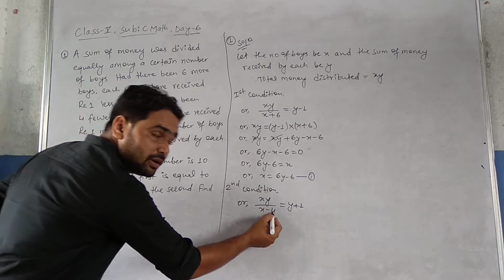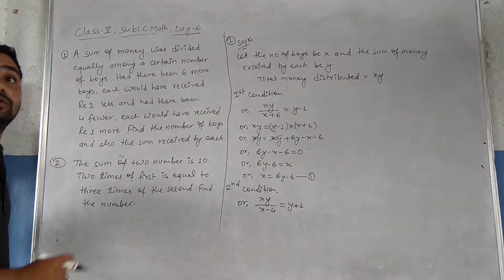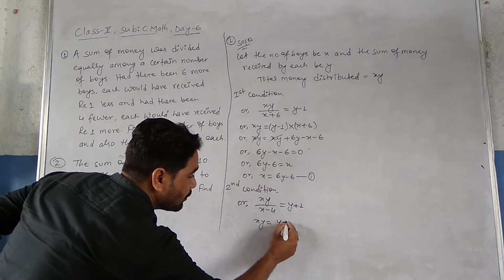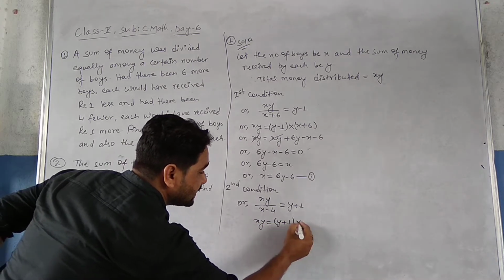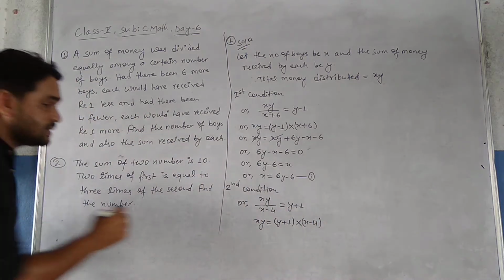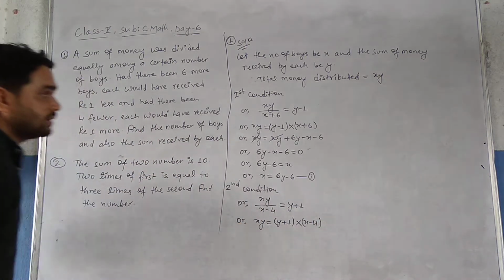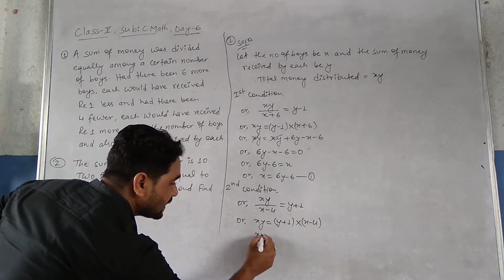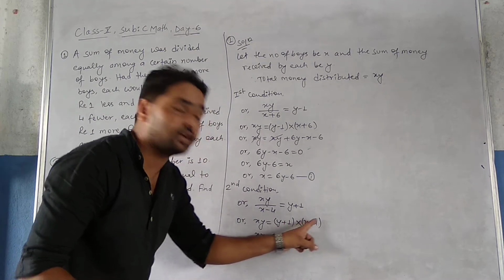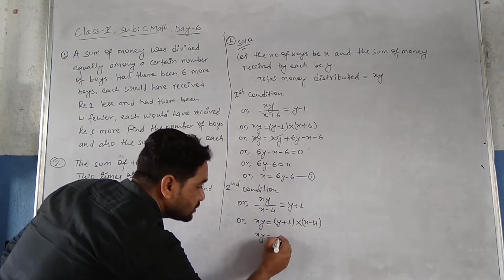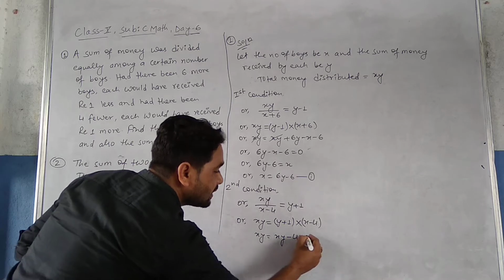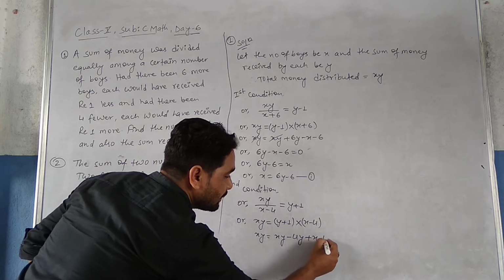Now this x minus 4 is divided on this side, then it becomes multiplied, so we get xy equals to y plus 1 into x minus 4. Then let's simplify that. xy equals y with both terms and plus 1 also with both, so xy minus 4y plus x minus 4.